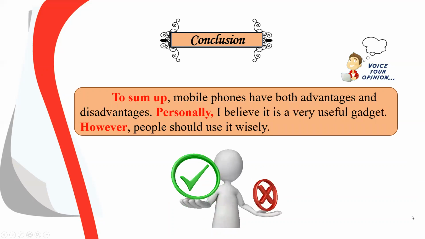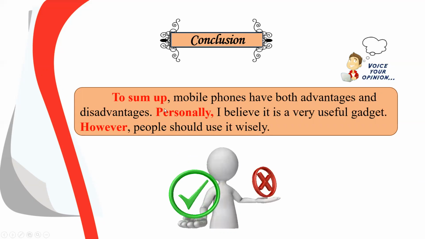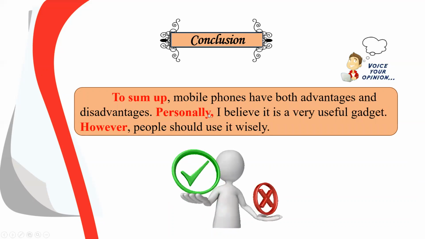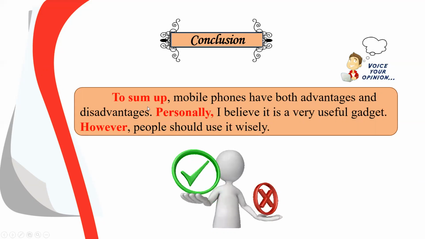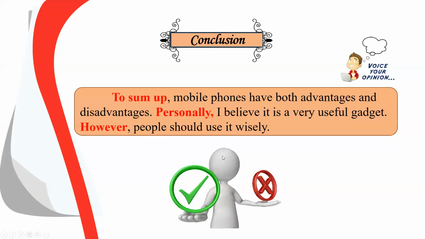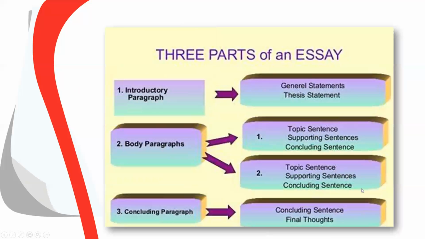So you see here in the conclusion, we are expressing our point of view using this word personally, and to express contrast we're using however, and to sum up, to conclude or make a general statement. Here is a chart in which you have the parts of the essay.